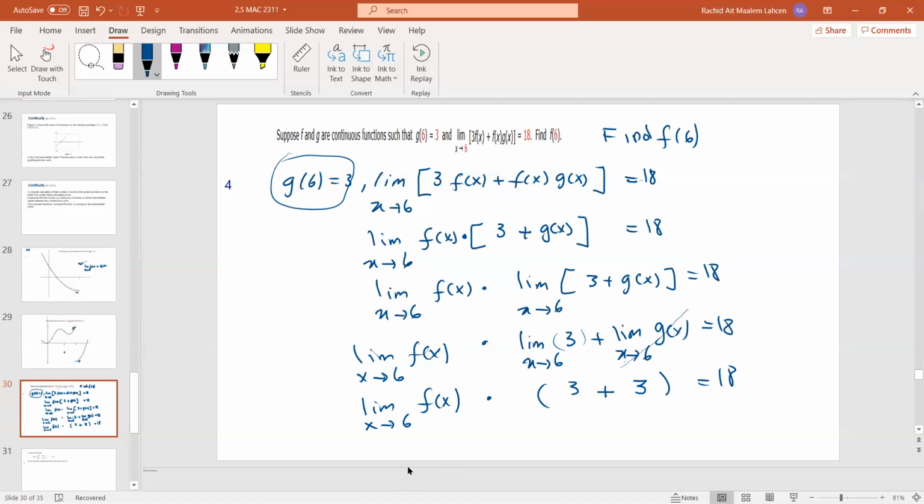And this is 6, so it's 6 times the limit of f of x. So I think there are different ways to do this, and this is one of them. 18 divided by 6, which is 3.